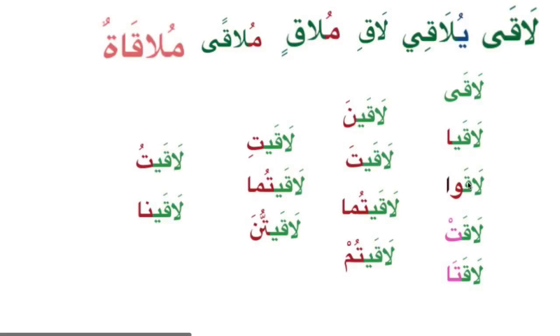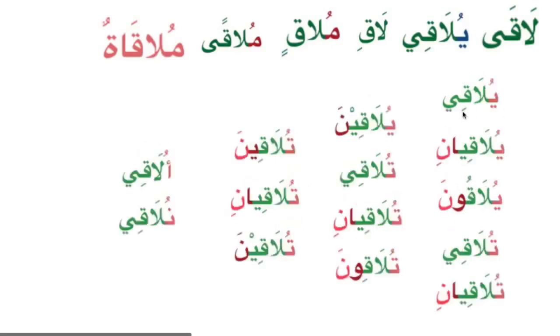If you go to the mudari', you see yalqa, yalqayani, yalqawna, so the dhamma is not pronounced; it's just yalqa. Why do we get dhamma here? Because kasra and waw don't go together, so this kasra is changed into dhamma. The reason, as I said, is ease in pronunciation. Then talqa, talqayani, yalqayna. With mutaharrik pronouns, the ain and the lam kalima get sukun, so there's no change; everything is normal.